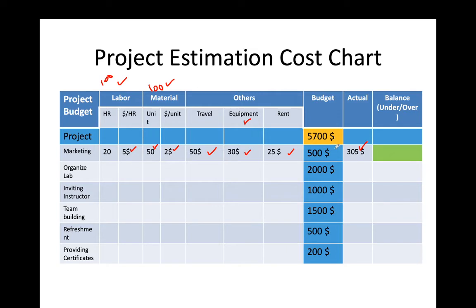Now our budget was 500 US dollars for marketing, but when we did the estimation, the cost was 305 US dollars. This means our marketing estimated cost is under budget.